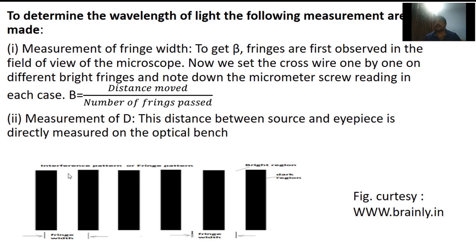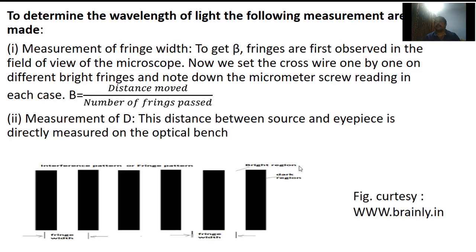noted. Then the micrometer is moved such that the cross wire coincides with the second, fourth and sixth fringes and the readings are noted.